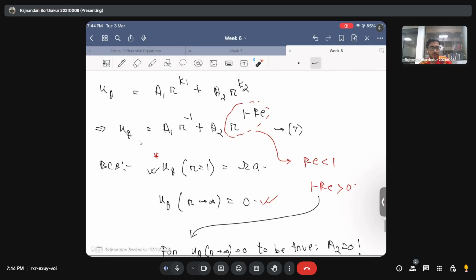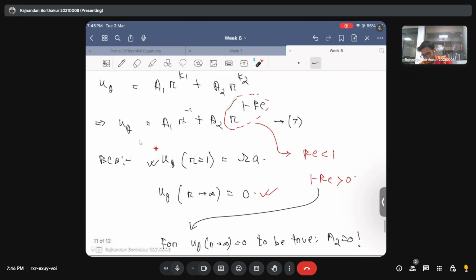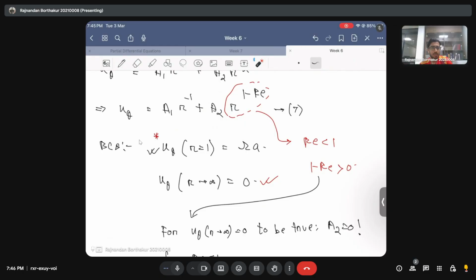And remember, I told you that for Reynolds number greater than 1, at least with the boundary condition that we have, we cannot actually write an analytical solution, typically because then a2 can be any non-zero number, which means these two boundary conditions are not sufficient to give you the exact value of a2 if your Reynolds number is greater than 1. So for Reynolds number greater than 1, we need some other boundary conditions, maybe.